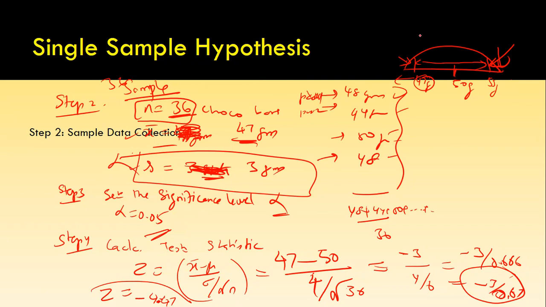Okay, now let us look at the image here, the curve here. I told you the area under the curve is 1 minus alpha. Alpha is the significance level 0.05. 1 minus 0.05, how much?